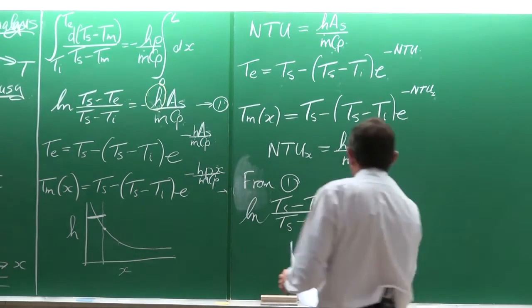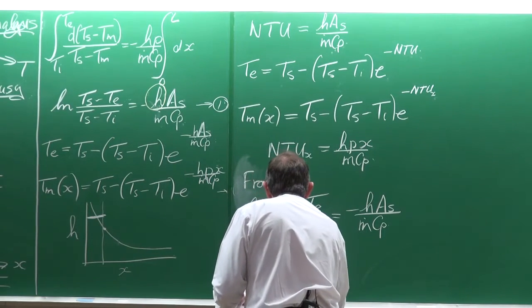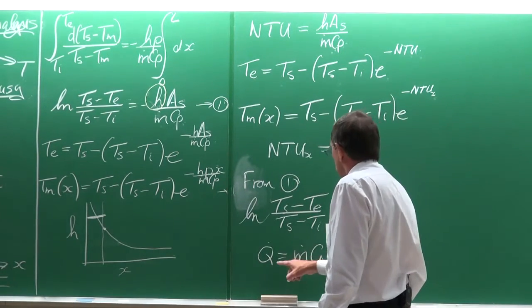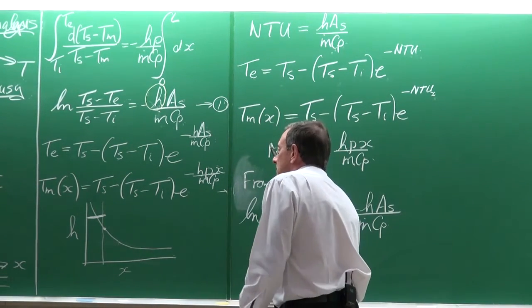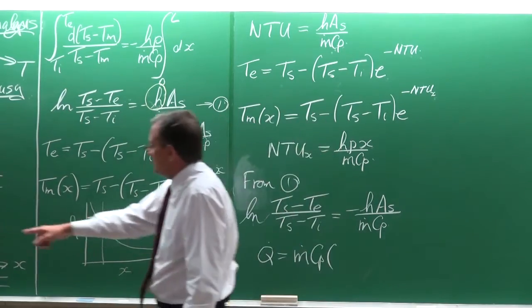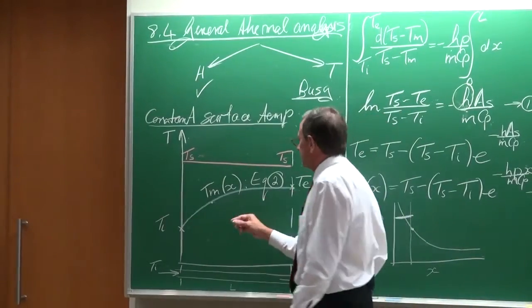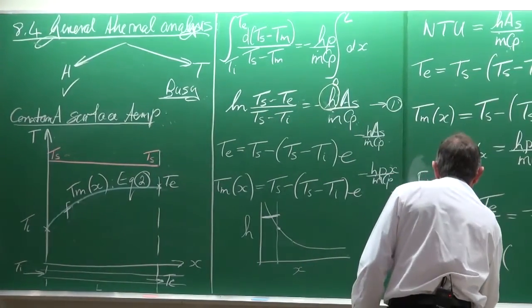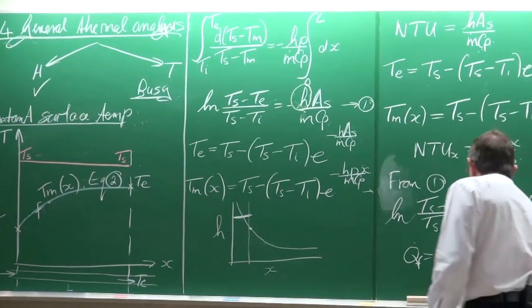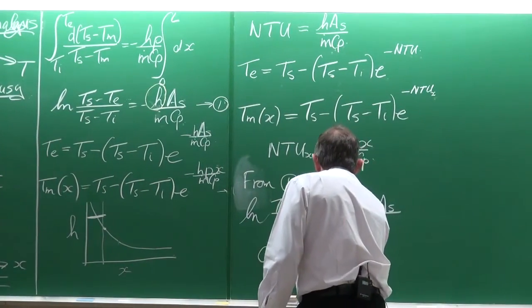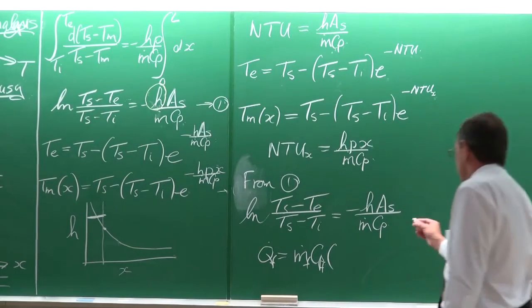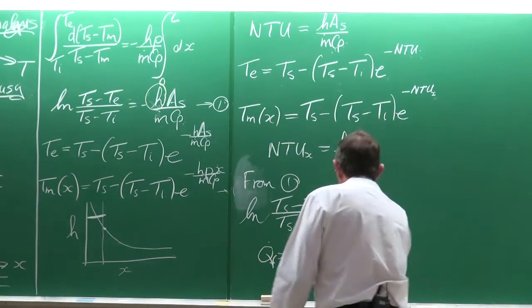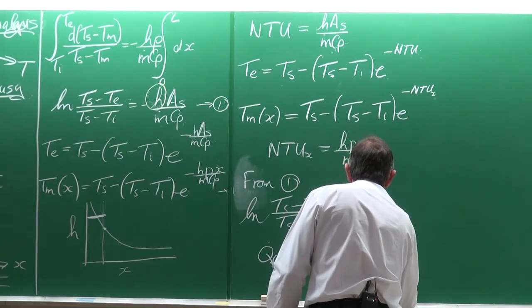Then, taking into consideration that the mass flow rate times Cp, let's call it F, just to make it clear, is the mass flow rate of the fluid and the Cp of the fluid, the heat transfer rate is that multiplied by the outlet temperature minus the inlet temperature.